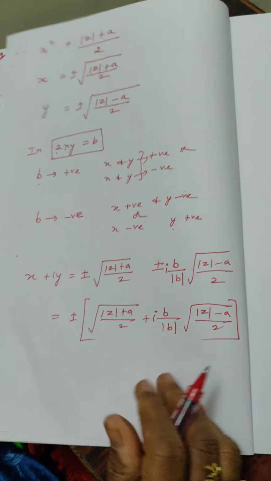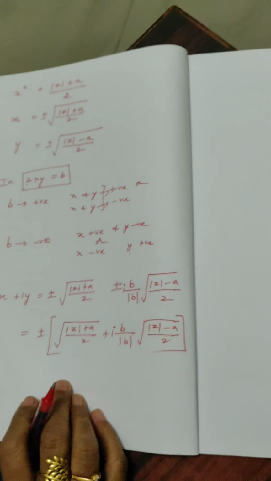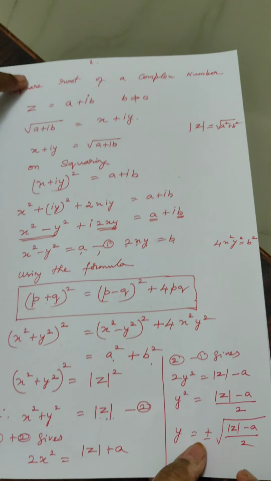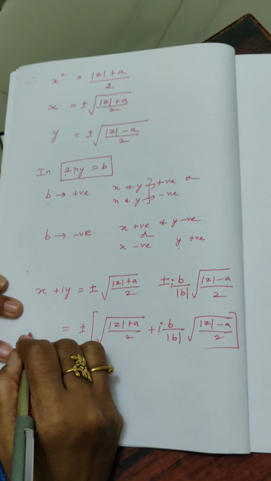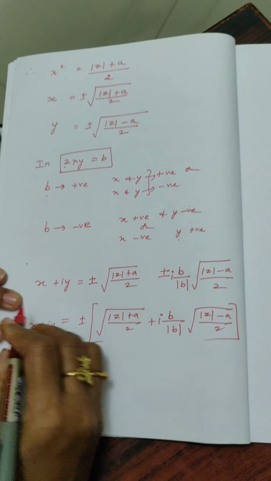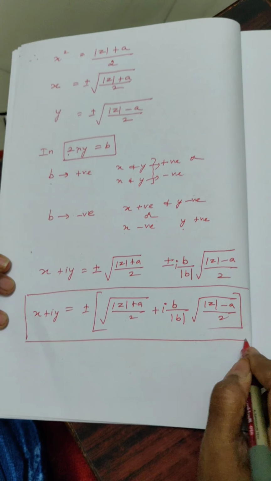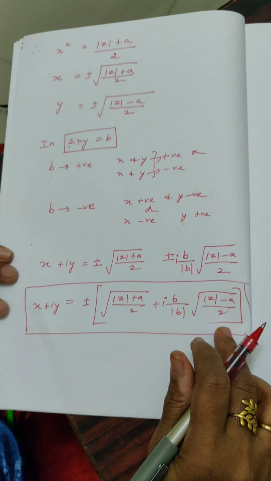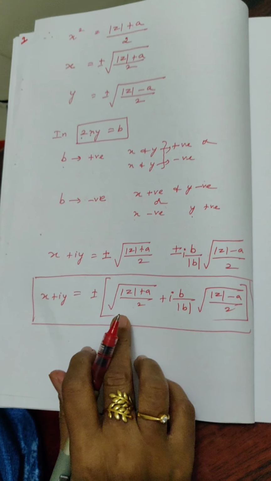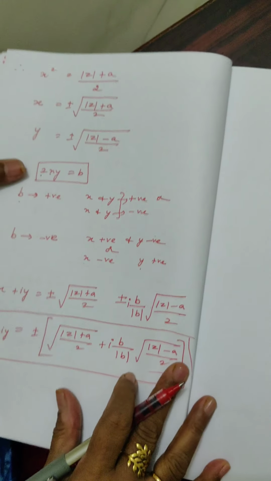Is it clear now? So no need to prove all these things in order to find the square root of a complex number. It is enough to use this formula in the Tamil Nadu State Board syllabus book. Use this formula, x plus iy is equal to this formula. You can easily get the answer for the square root of a complex number.